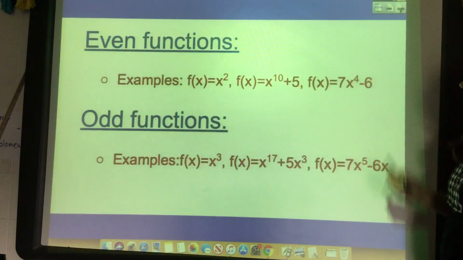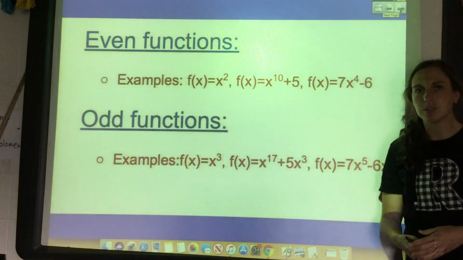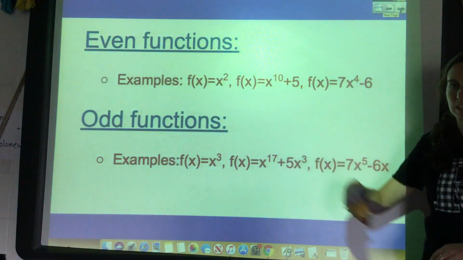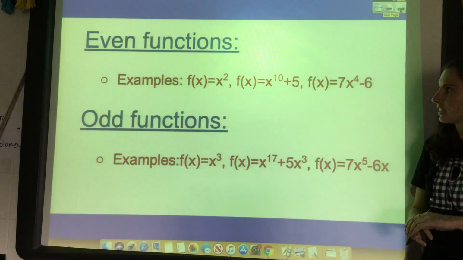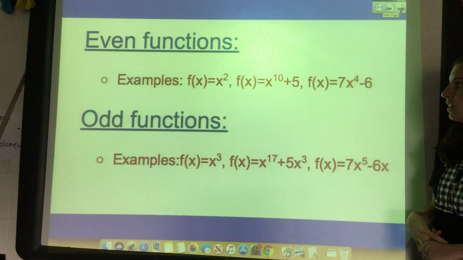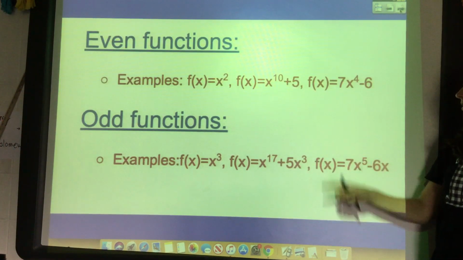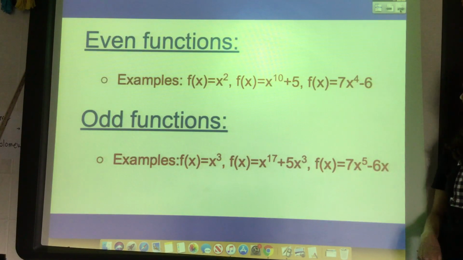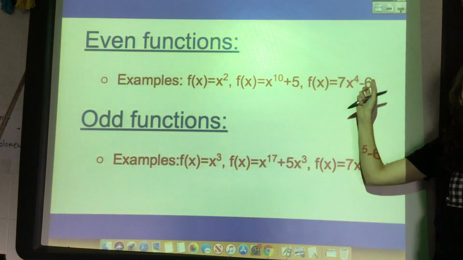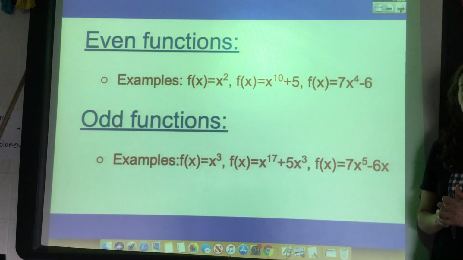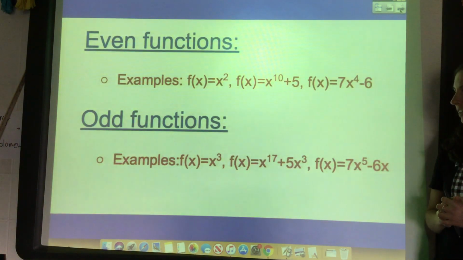Okay. And then here's a couple examples of their equations, not the ones that I just had, but some equations of some even functions are x squared, x to the 10th plus 5, and 7x to the 4th minus 6. Anything you notice about each of those equations that might make it even?